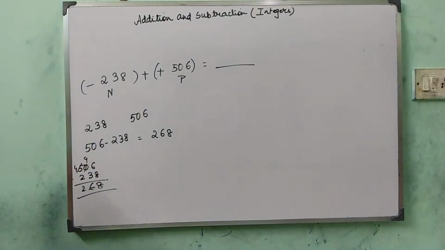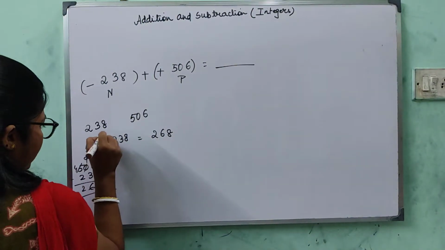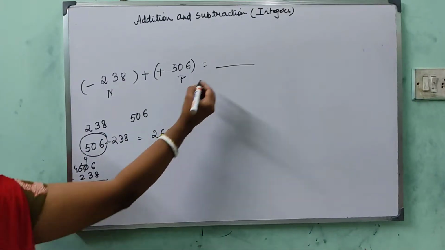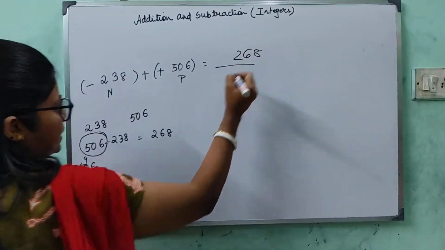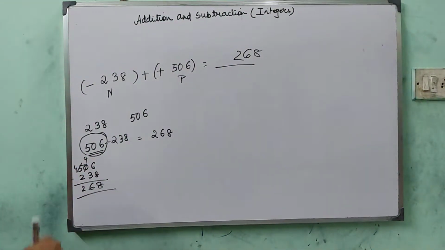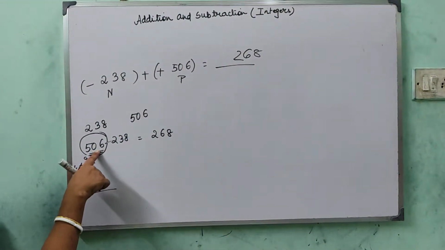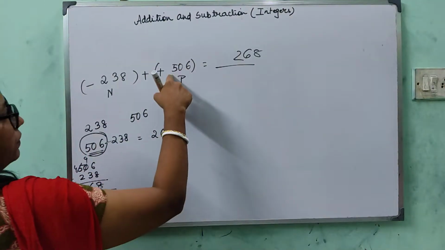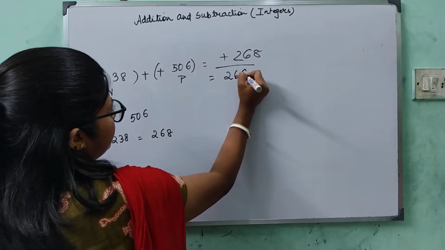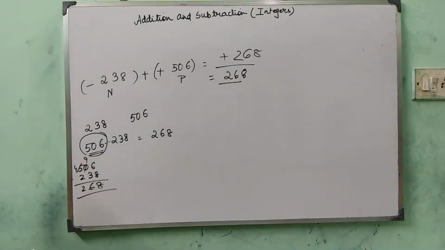Yeah, 268. Now we will write over here 268. Now in this step of minus, 506 was the first number or the greater number. So what is the sign of 506 over here? Positive sign. You can write that as either plus 268 or simply 268.